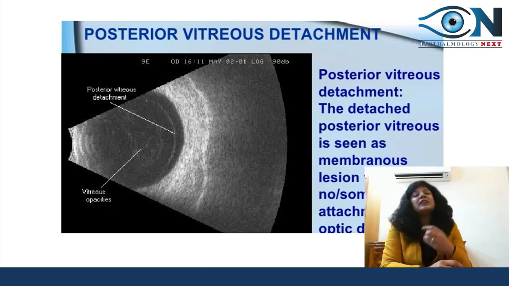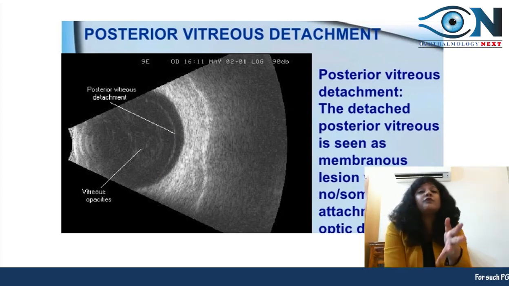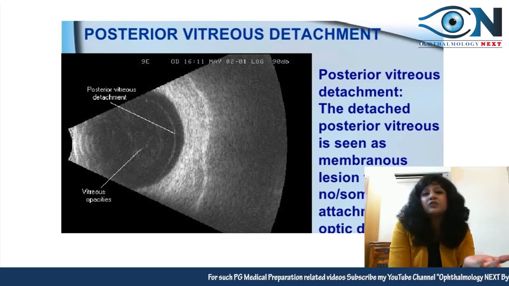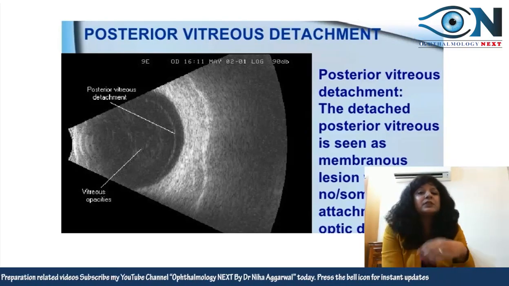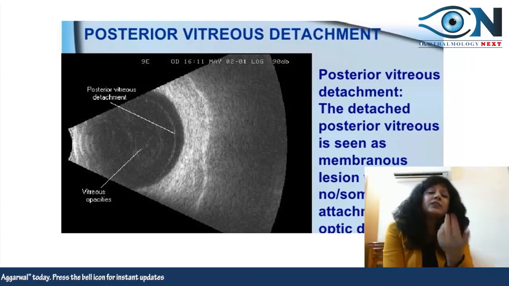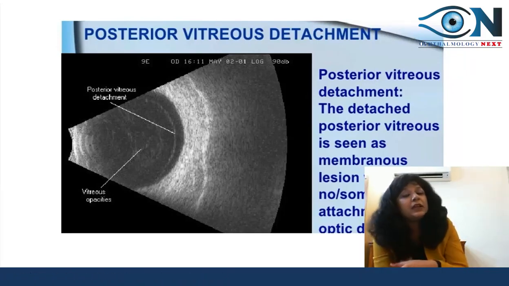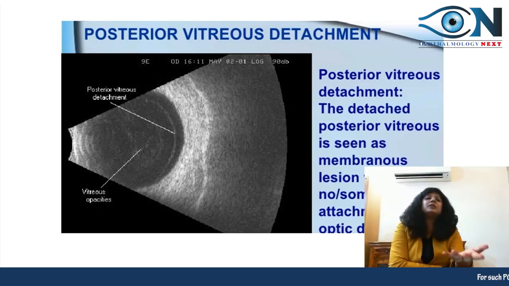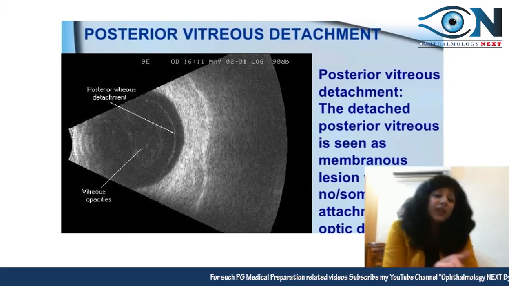So this is actually a normal physiological finding, and if I am doing the ultrasound of a person who is more than 60, 65, 70 years, I won't even mention that there is a PVD because it's a physiological finding. But suppose you are doing it and you are getting it. Now what is the possibility that you may get confused with a retinal detachment or a choroidal detachment? Suppose the person is coming with a sudden painless diminution of vision, and we have done the B scan, we are getting this.